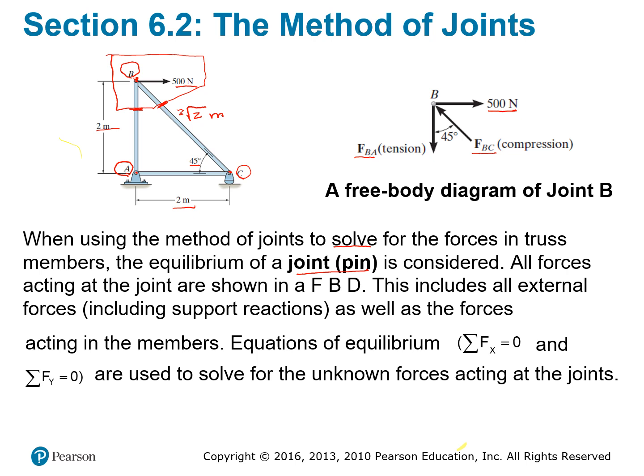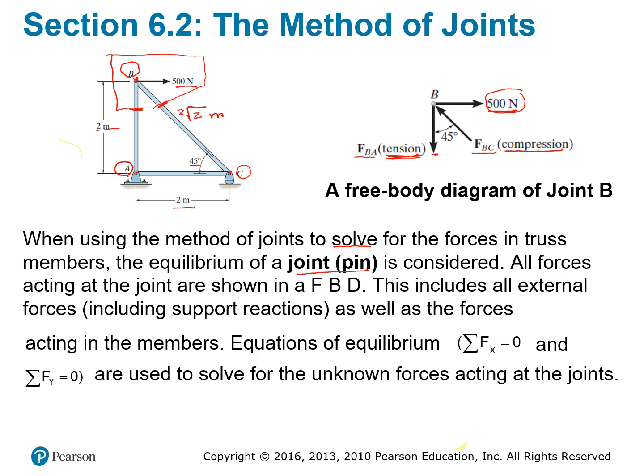Now, how do you know this is a compression, or how do you know this is a tension? Well, normally you probably don't know, but you can kind of guess. How do you guess? Well, if you have an external load here, 500 Newton, and it's pulling to the right, and this one just goes vertically downwards, so this has nothing to do with the 500.